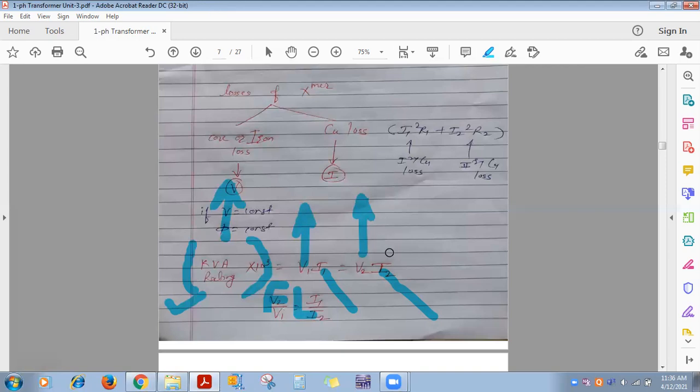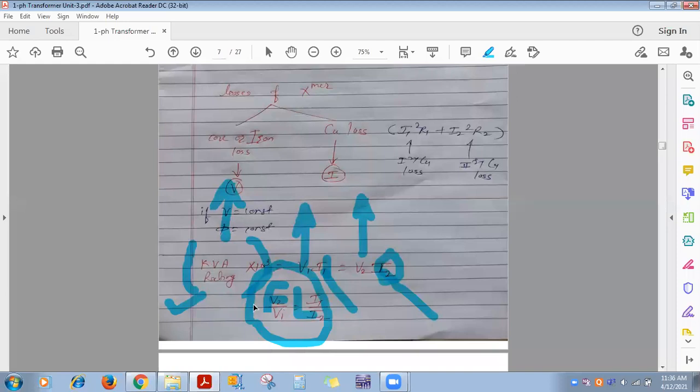If load changes, I1, I2 change, so what about the KVA rating then? At that load it will also go on changing. What does this mean? Whatever is given on the nameplate in the specifications is the full load KVA rating. But suppose the load on the transformer is 75% of the full load, not fully loaded.